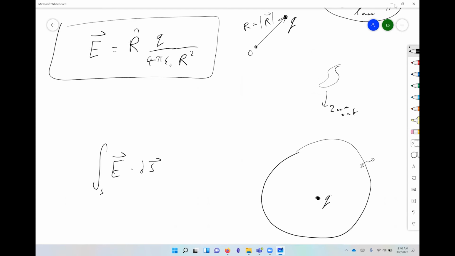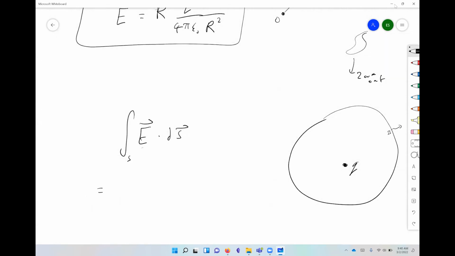So this is equal to r hat dot r hat ds, times q over 4 pi epsilon naught r squared.